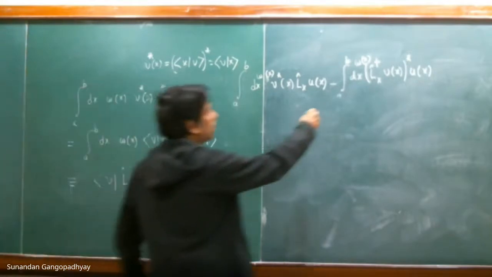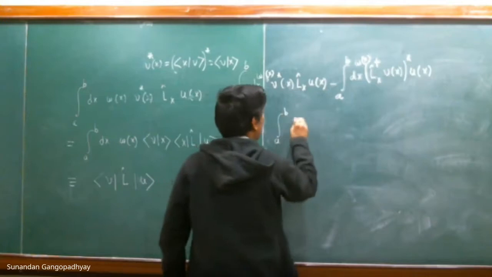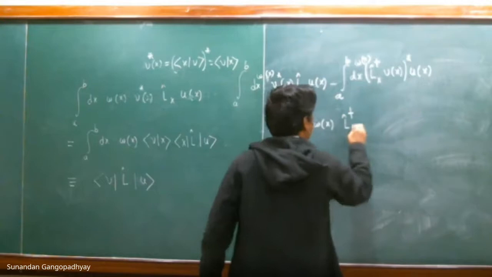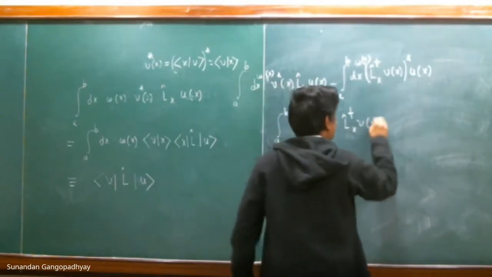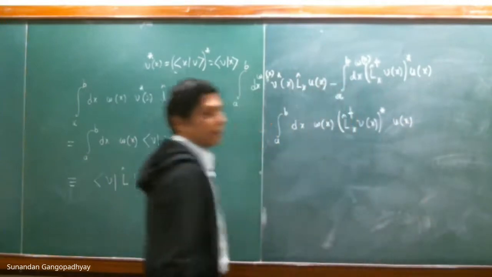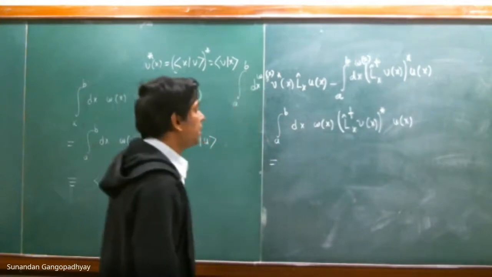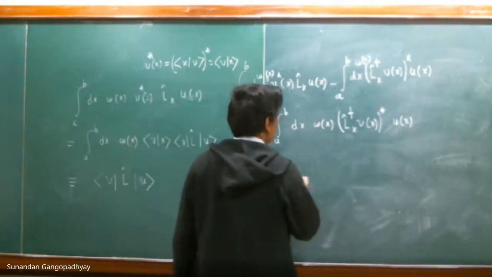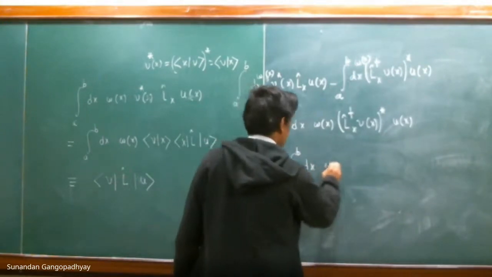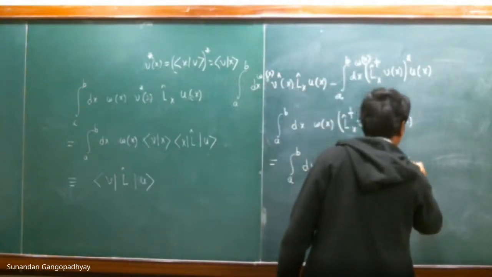So this term is integral a to b dx w of x, L hat dagger v of x, complex conjugate. Now I can write it down in the following way. u of x, you can write it down as bra x ket u.